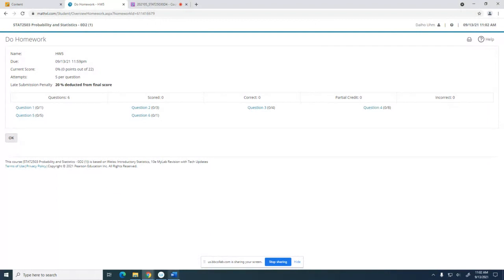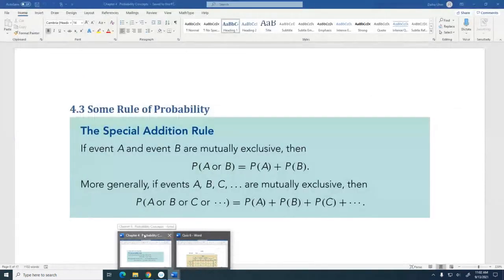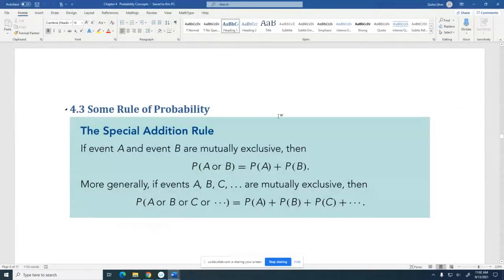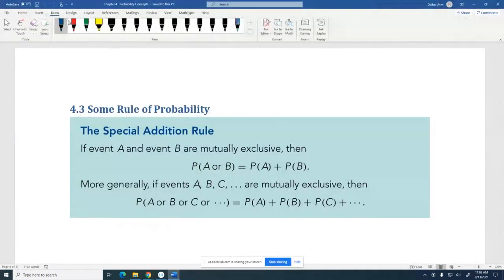Okay, it's good. So today we are going to discuss the addition rule. We have 2 cases: one is the "and" and the other is the "or".